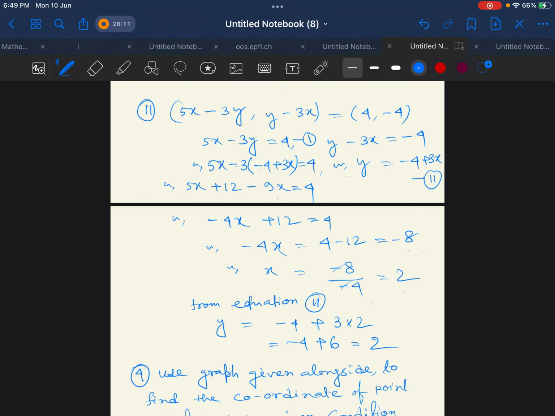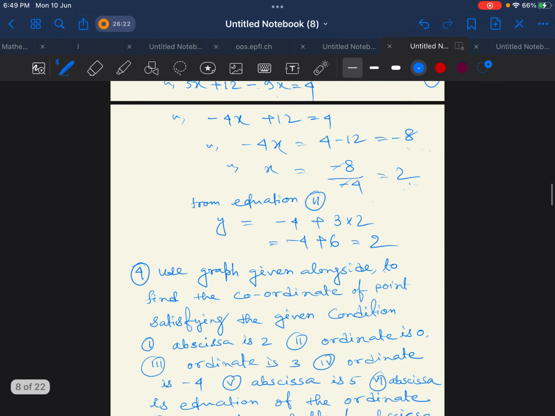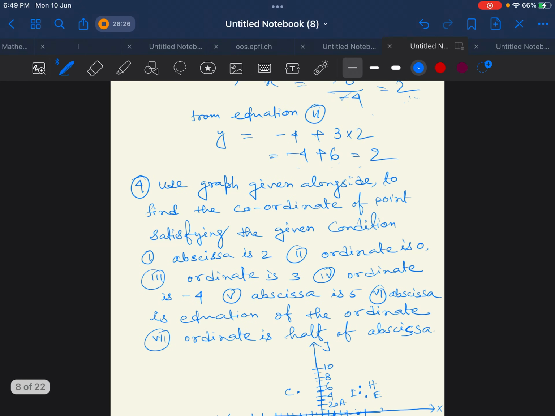From equation 2 we put the value of x, then we will get the value of y. So y equals minus 4 plus 3 into 2, the value of x is 2, 3 into 2 is 6, minus 4 plus 6 equals 2.